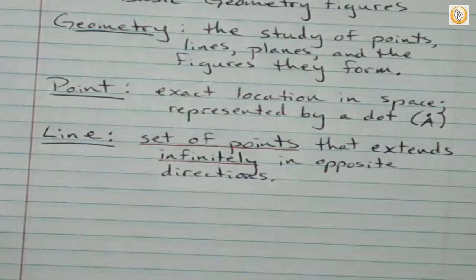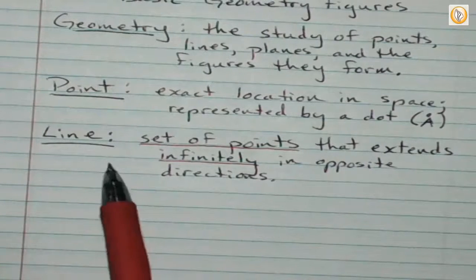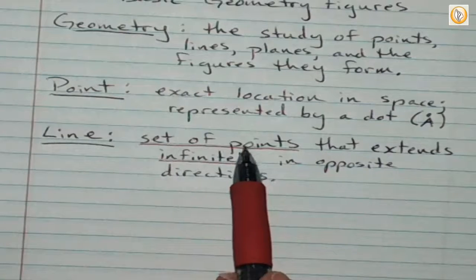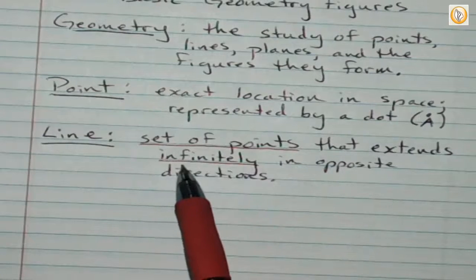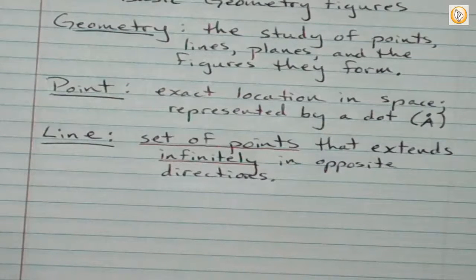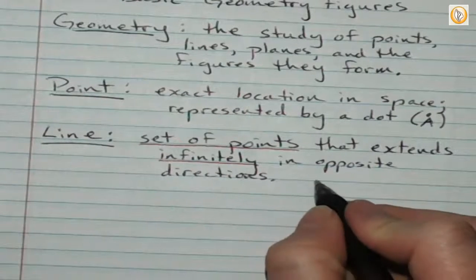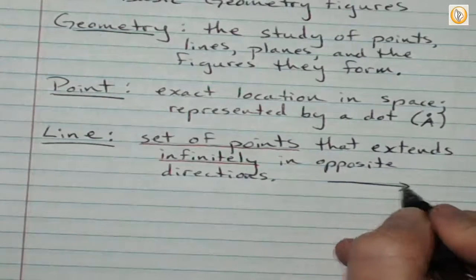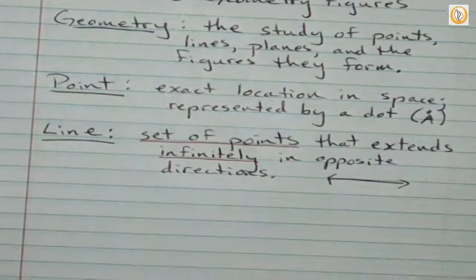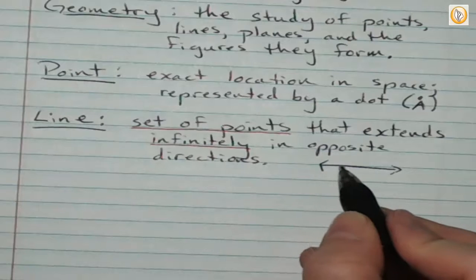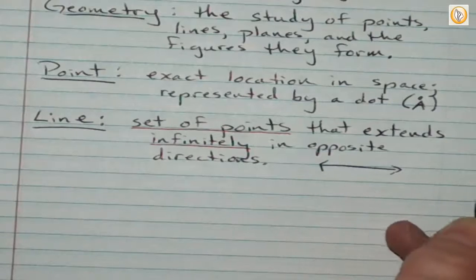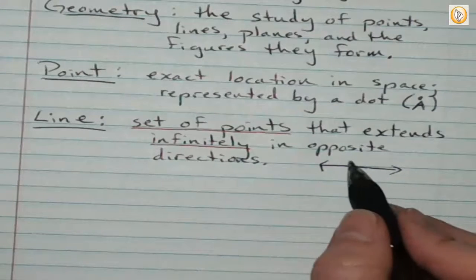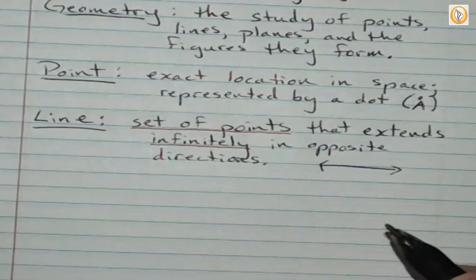A lot of people don't realize that until this year, that a line is a set of points that extends infinitely. That means forever and ever without stopping, in opposite directions. That's not a line. This is a line. Look, it's a set of points, so many, but it's going forever this direction and forever in that direction.